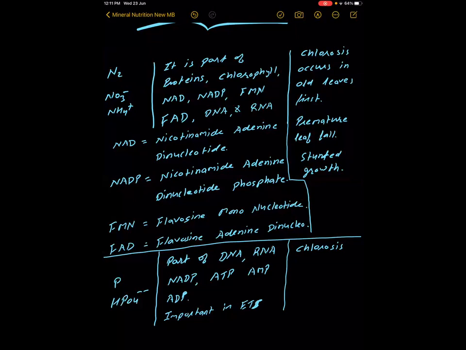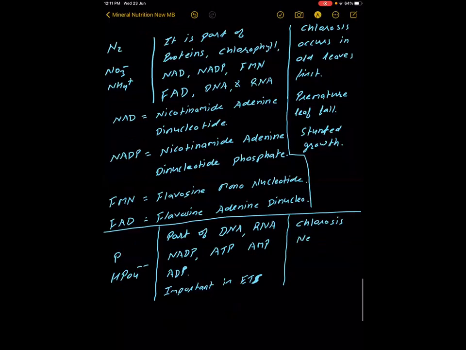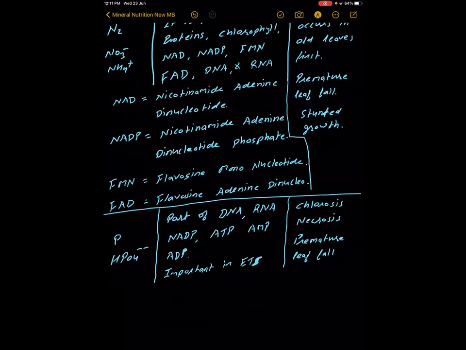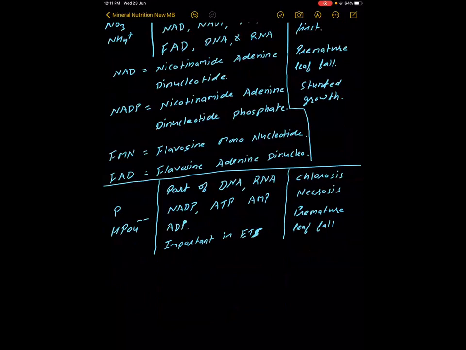Deficiency commonly affects the vascular tissue, and chlorosis starts. Then leaf fall and stunted growth. Xylem and phloem are also less developed in plants where phosphorus is not available.